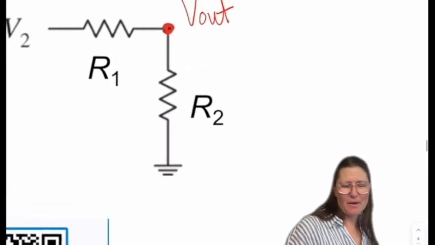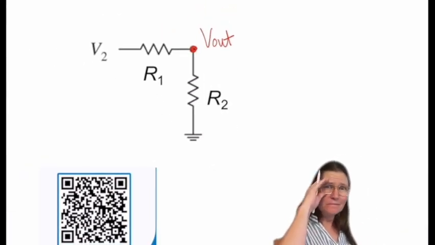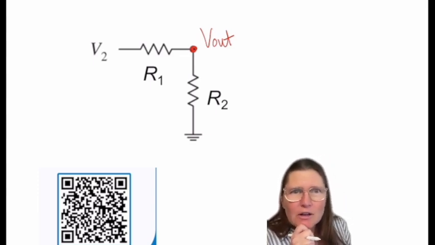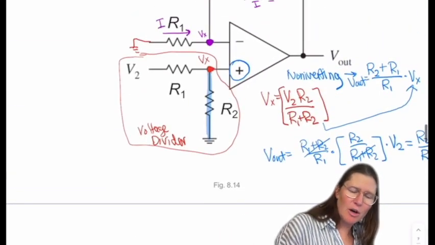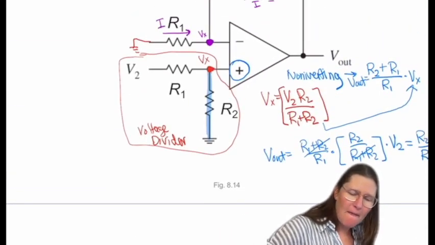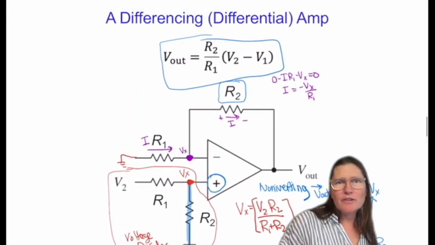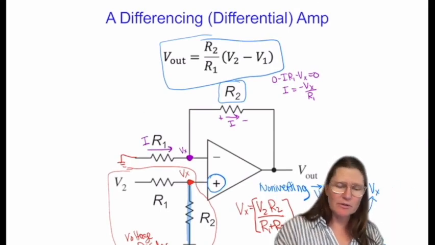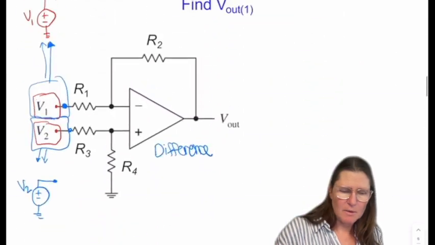So for a voltage divider, let me back up. This is a way to have two different signals. Let me go back to the original one.